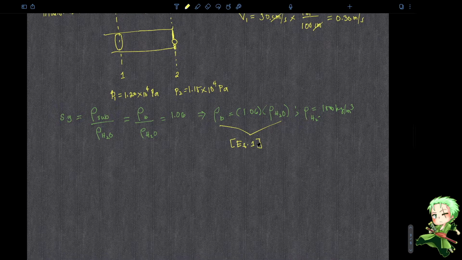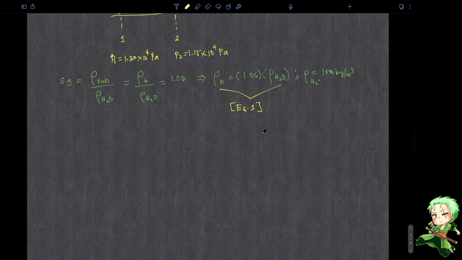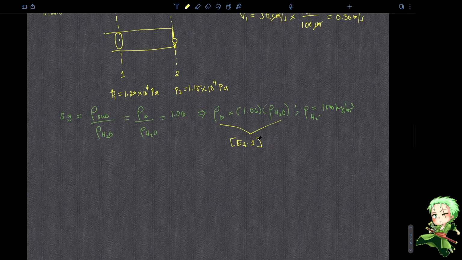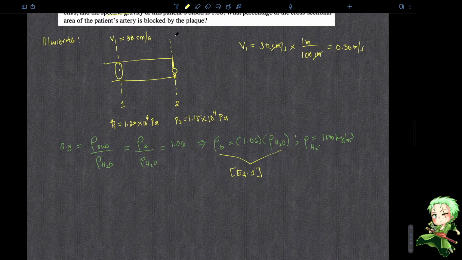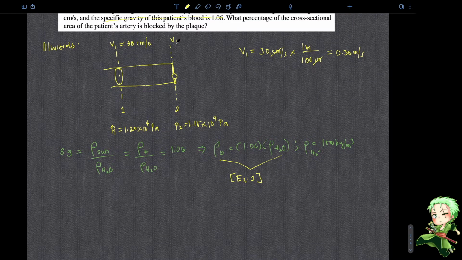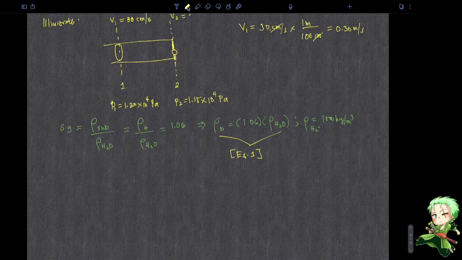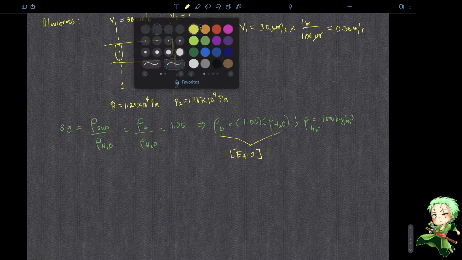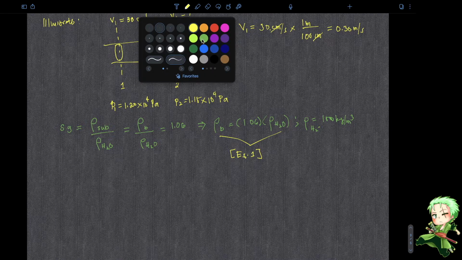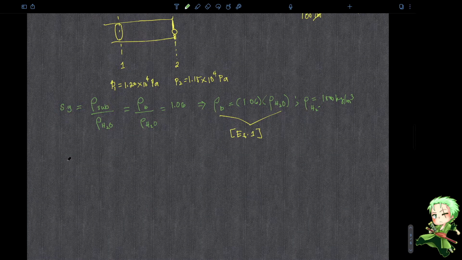Now, the next thing is you remember from the continuity equation, since you want to know the velocity at point 2, at the point of blockage. So how do you get that? You recall from the continuity equation that you have A1 V1 is equal to A2 V2.